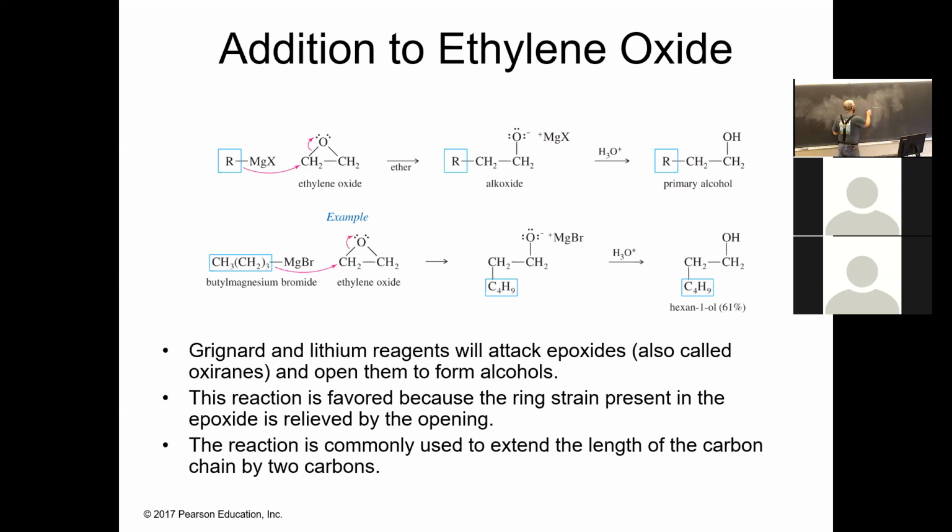It will attack the less substituted side. So this is determined by the rate. This side is more accessible, less crowded, and more easily attacked.